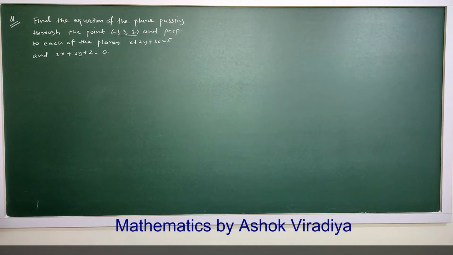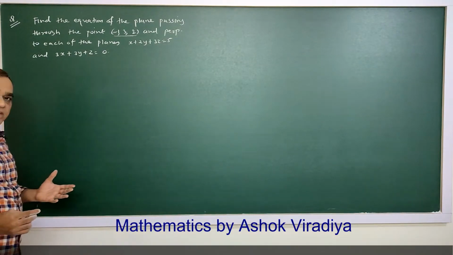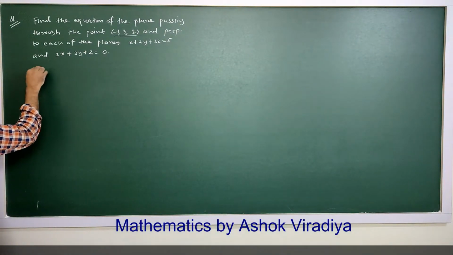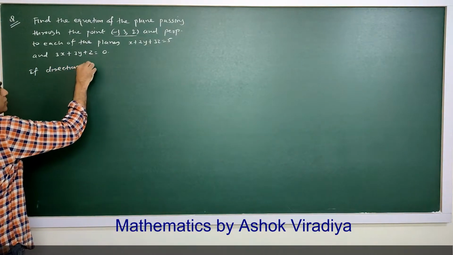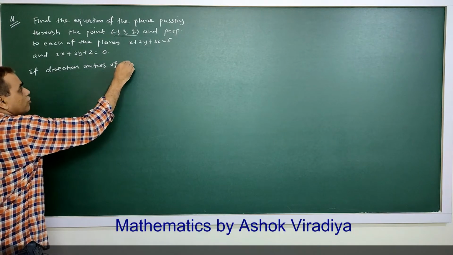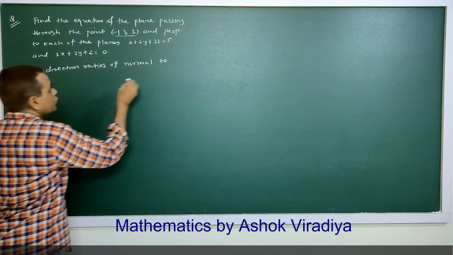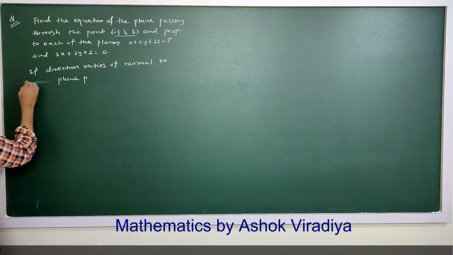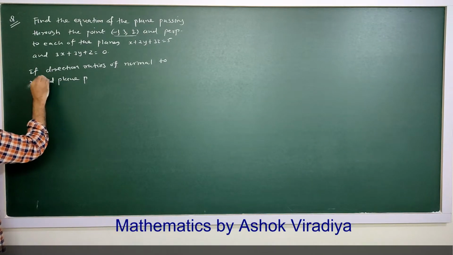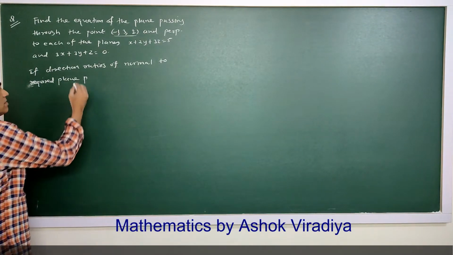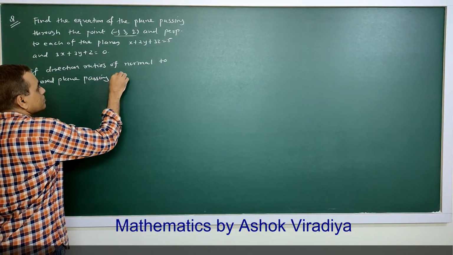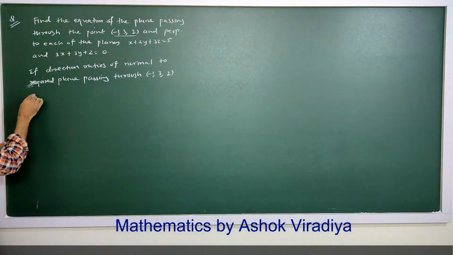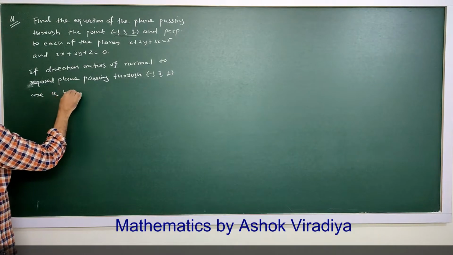We suppose the direction ratios of the normal to the required plane, passing through the point (−1, 3, 2), are A, B and C.